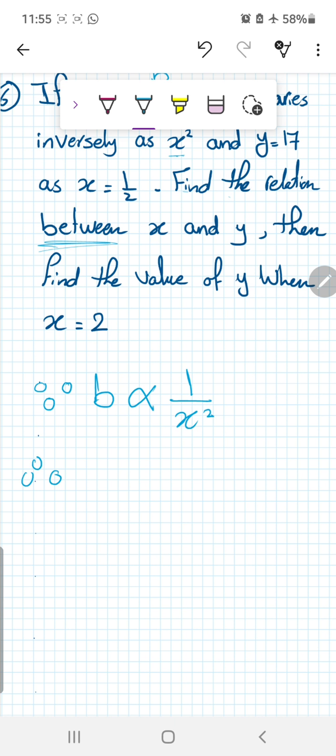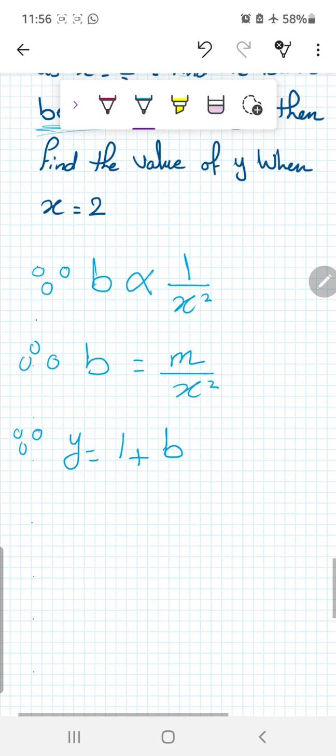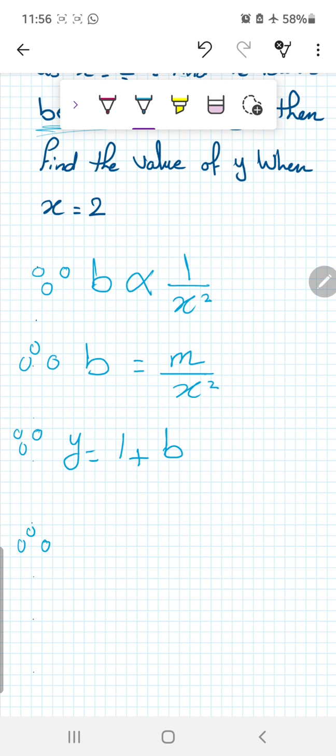So substitution: move the varies and write equals any constant, like m over x power 2. Here he gives me y, since y equals 1 plus b, and we said b equals m over x power 2, so y equals 1 plus m over x power 2. Cancel b and write m over x power 2.